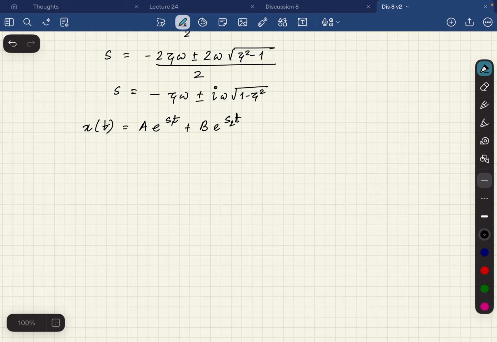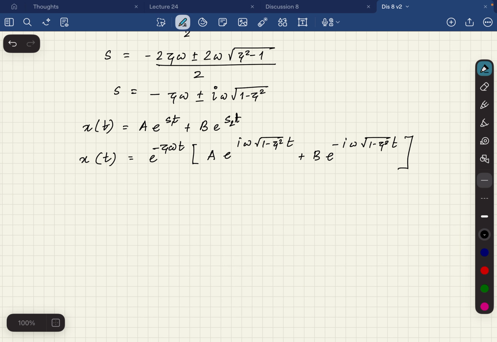So ultimately what you would get is a solution of the form e to the power minus zeta omega t, and then you would have a e to the power. Basically, if I just take the real part, you can ignore the imaginary part. I'm going to leave it as e to the power iota omega root over 1 minus zeta square times t plus b e to the power negative iota omega root over 1 minus zeta square times t.